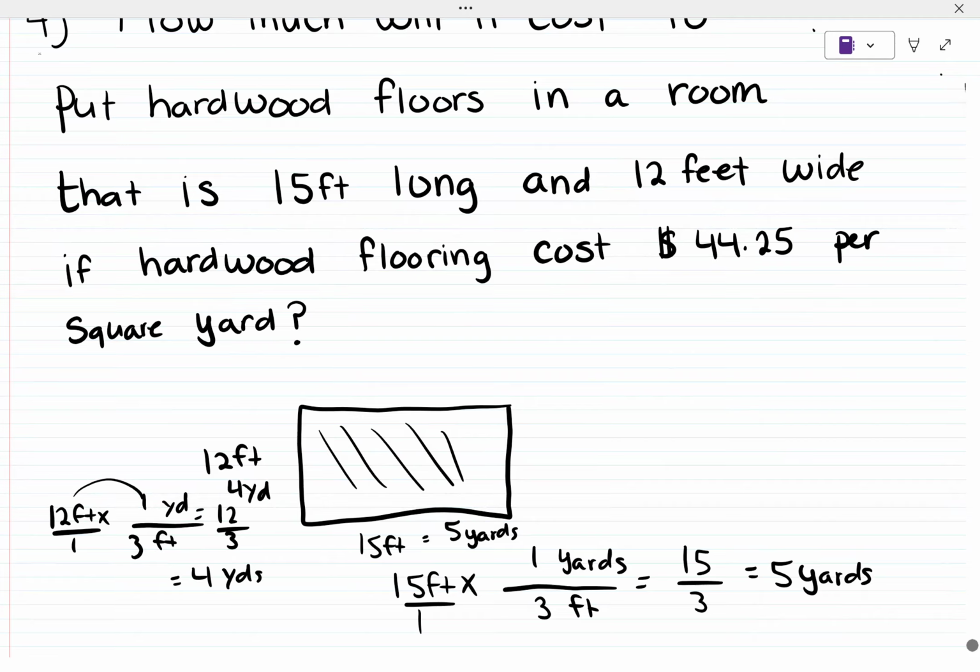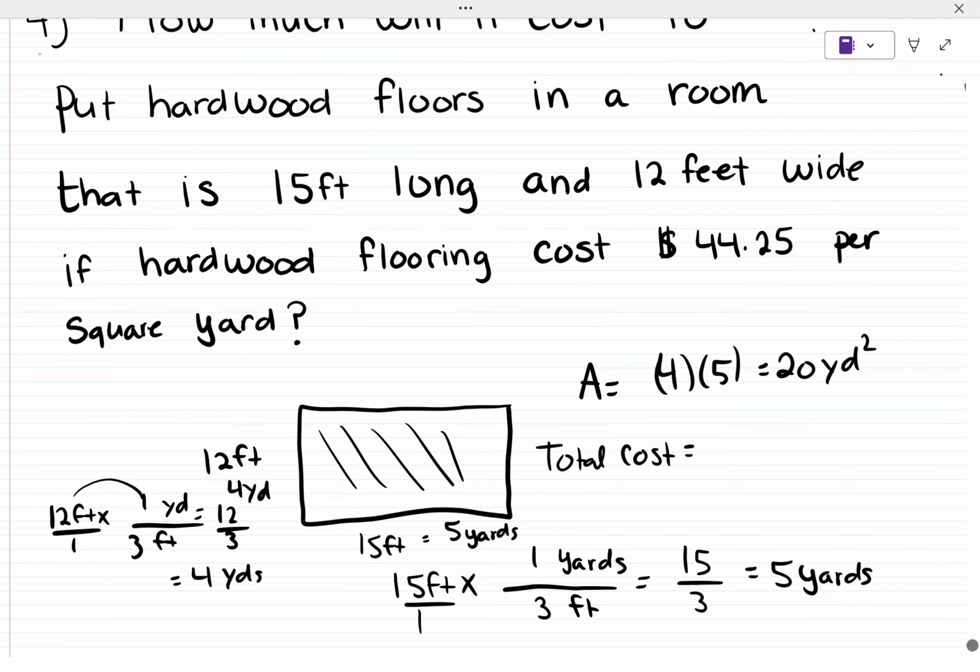Okay. Then I would take the area. The area is length times width. So it's 4 by 5, which is 20 square yards. Okay. Now, for the total cost, do we divide this by 44.25 or multiply it?